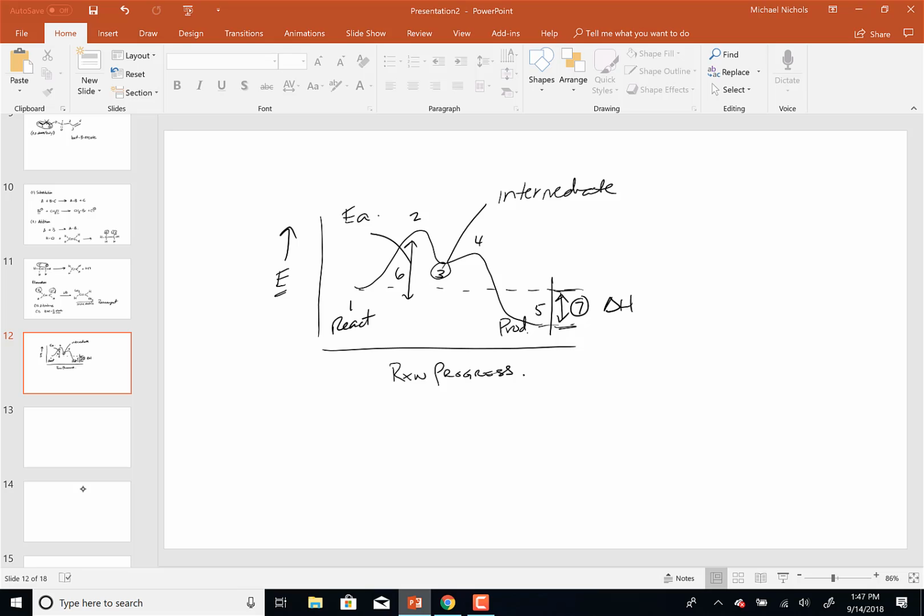What are 2 and 4? They're the transition states. I don't know if you use the term transition state or activated complex in general chemistry. General chemistry used to be activated complex. In organic, it's more transition state. So those 2 and 4 are the transition states for the reaction.